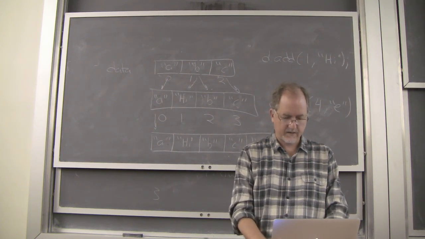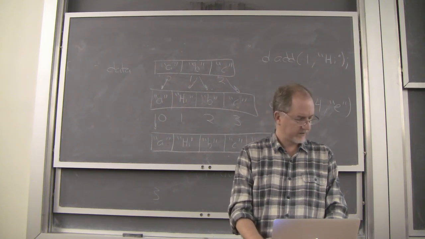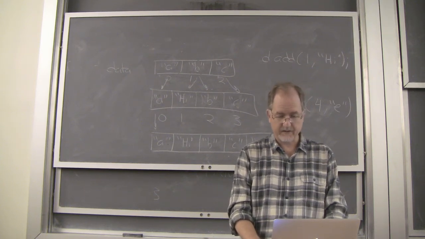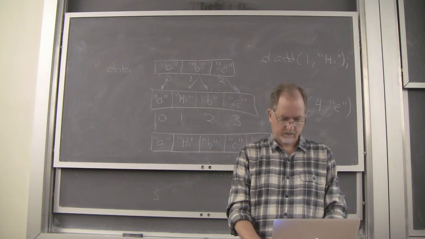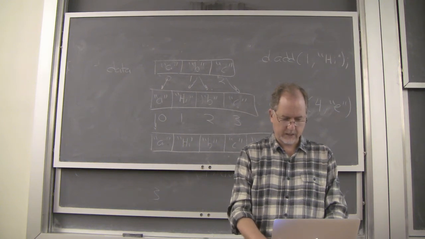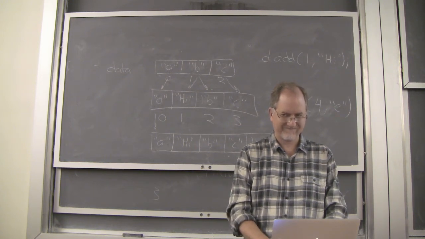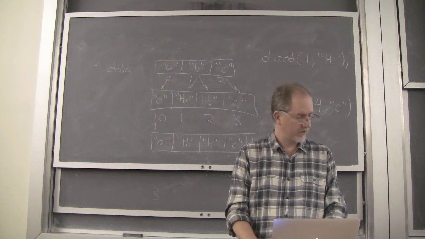Data length plus 1. We want to add 1 to the length, basically, right? You need brackets after String. String array newData. All right, so we're making a new one.